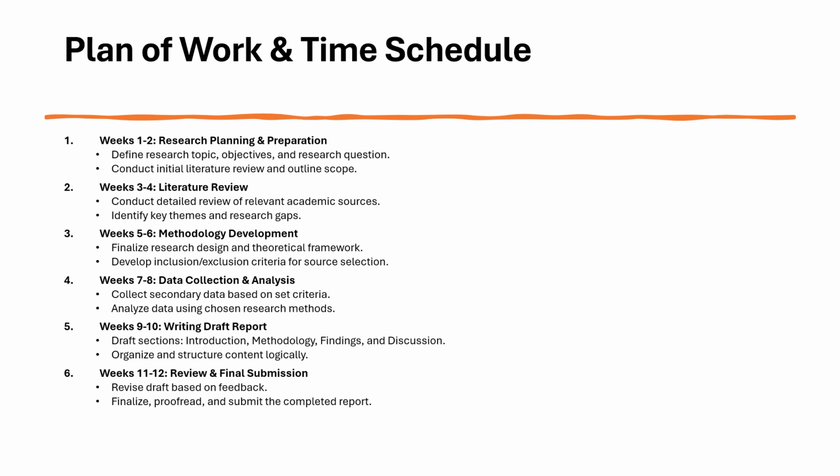You might say weeks 1 and 2 are research plan preparation, week 3 is the teacher review, weeks 5 and 6 are method development, weeks 6 to 7 are data collection and analysis, weeks 9 to 10 are writing draft reports, and weeks 11 and 12 are, for example, the review and final submission.